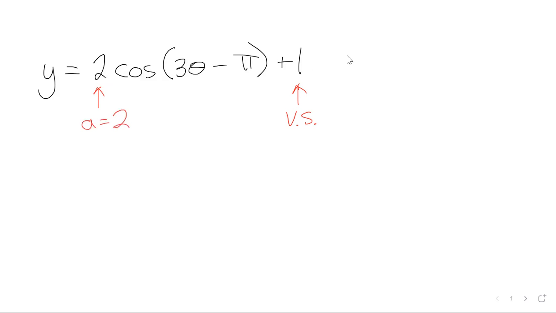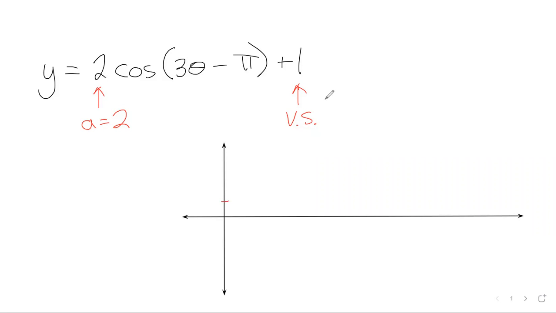And what I'll do here as I start drawing a graph for this is mark out those things first. I'm going to mark that our vertical shift is 1, and I'm going to put a midline there. So our midline isn't on the x-axis anymore like the previous ones we did. Now it's up by 1.